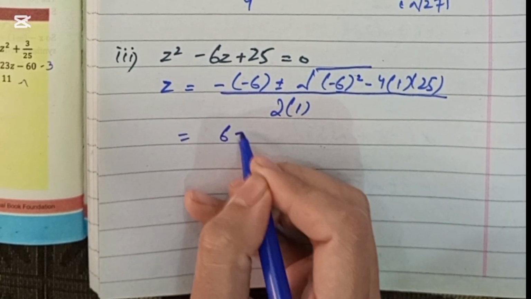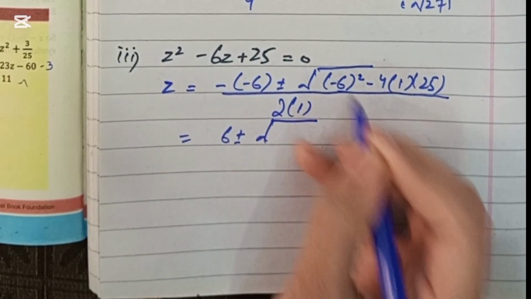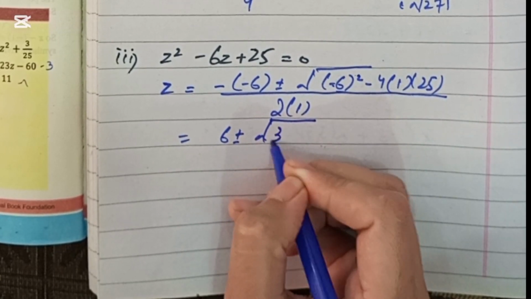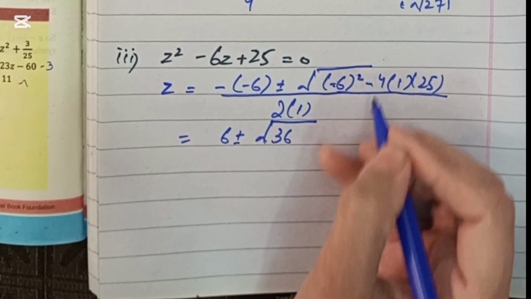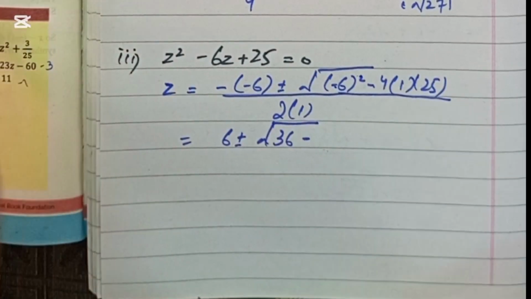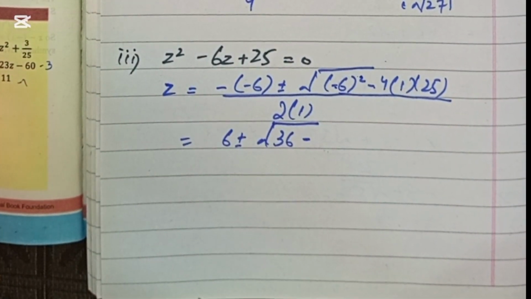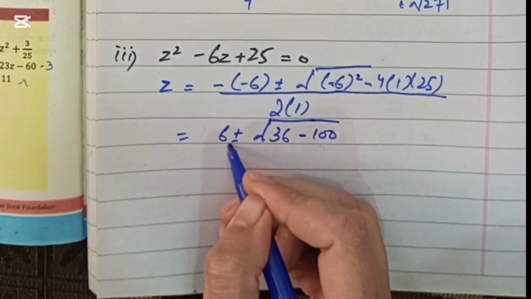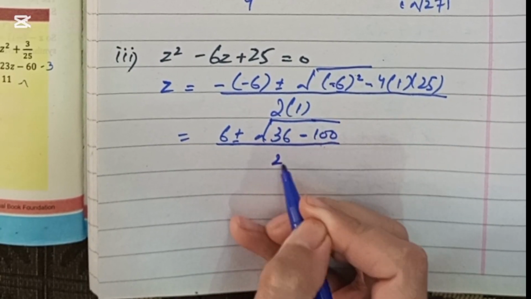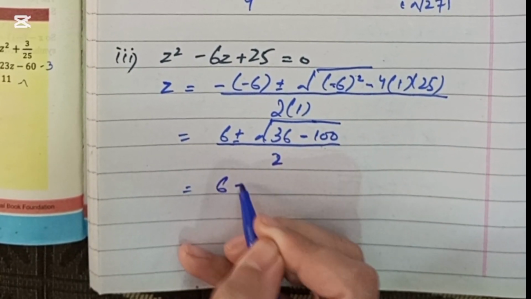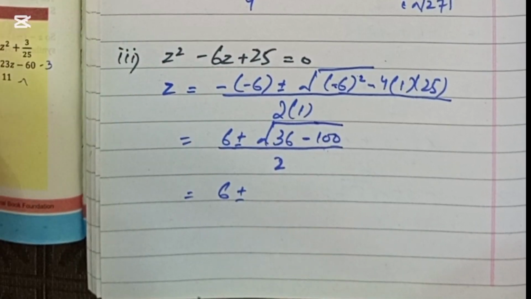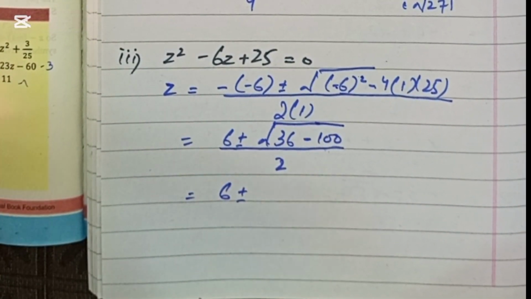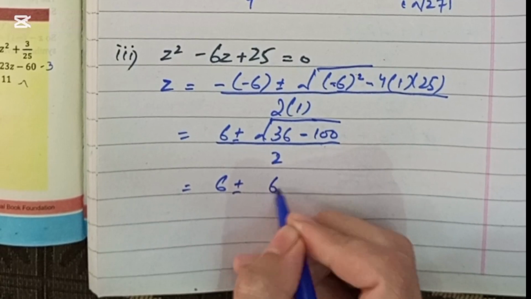Minus into minus is plus, so plus 6, minus 6 square, 6 into 6 is 36. Minus 4 into 25 is 100. 2 into 1 is 2. 36 minus 100 is minus 64.